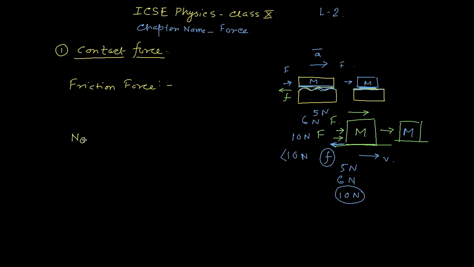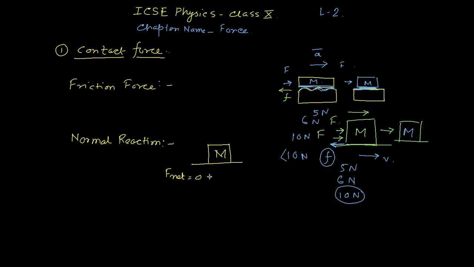This is a very simple concept. This also comes with inertia. That means if you keep one mass over here, then the mass is static. Why is the mass static? Because the net force F net is equal to 0. That means static equilibrium.